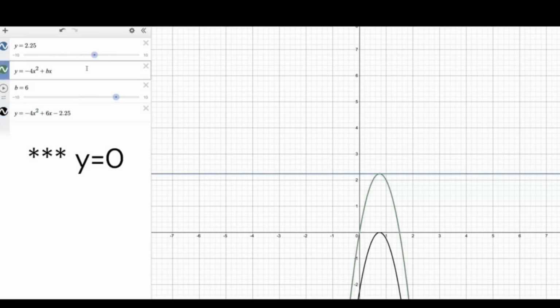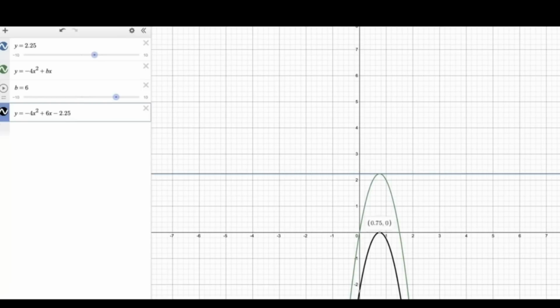With the green one, the y equals 2.25, the one solution was just there at the vertex. Whereas for the black one, it's the same thing. Think about the y equals 0 line as just that y equals 2.25 line. And since it only intersects at one point right there at 0.75, 0, we know it can only have one solution.